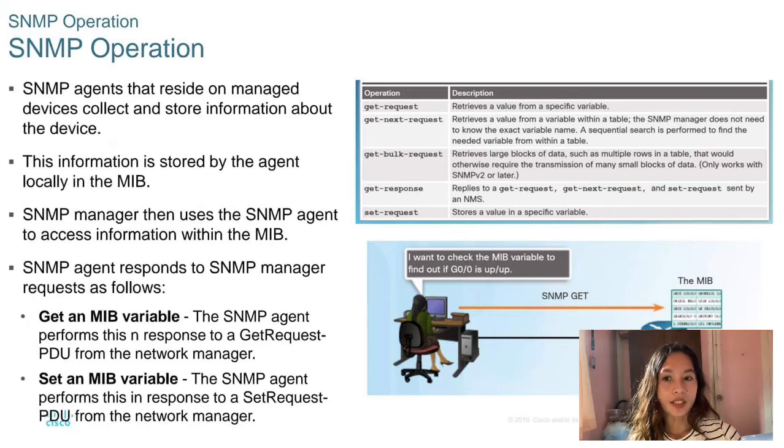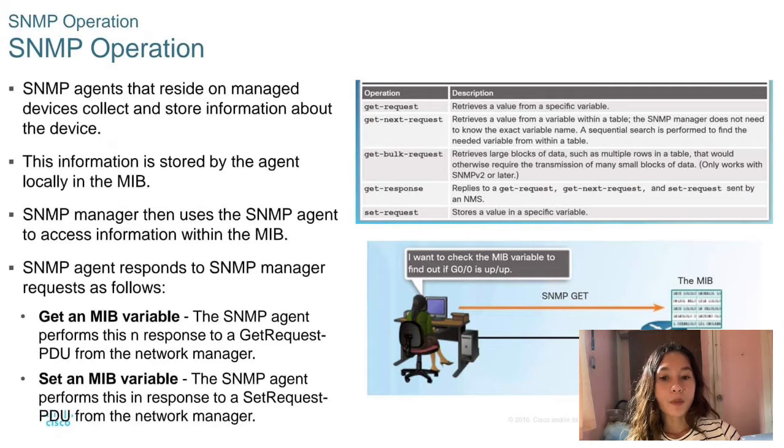SNMP operation. SNMP agents that reside on managed devices collect and store information about the device. This information is stored by the agent locally in the MIB. The SNMP manager then uses the SNMP agent to access information within the MIB.